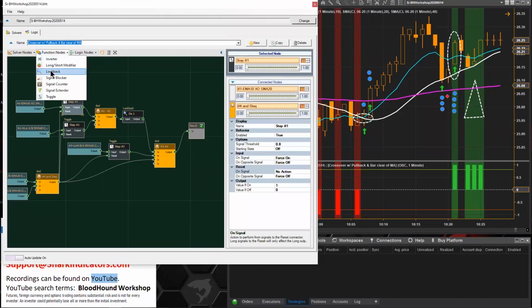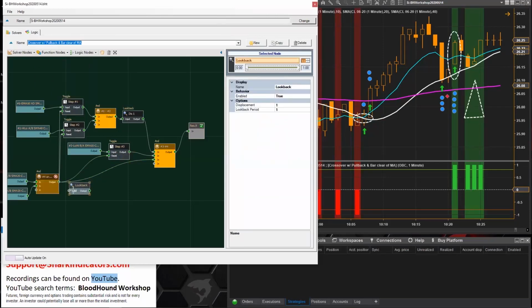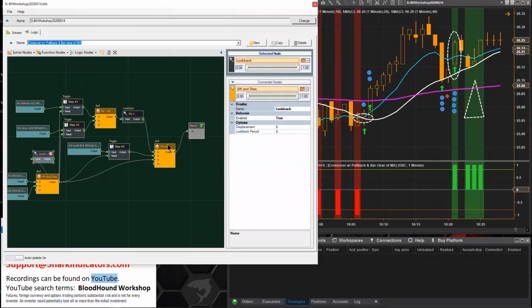So we're going to use a look back node there, and we're going to use the displacement function. It's going to take the step 4 signal and shift it forward one bar. That way we get the step 4 signal one bar late, and then use that one bar late to turn off the toggle nodes.